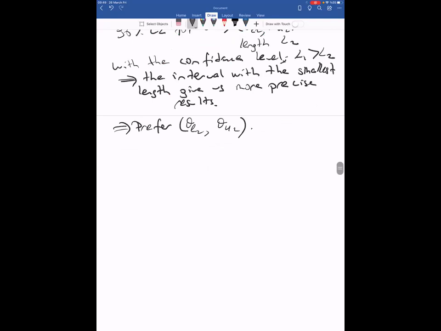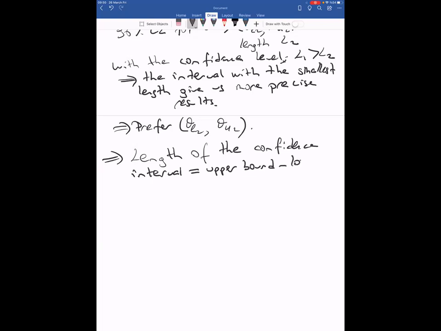So the length of the confidence interval will be the upper bound minus the lower bound.